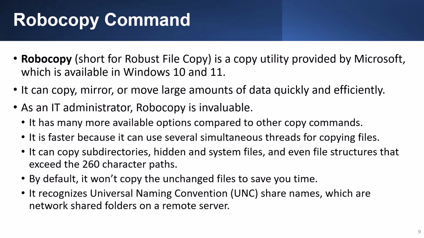It's faster because it can use several simultaneous threads for copying files. It can copy subdirectories, hidden and system files, and even file structures that exceed the 260 character path. By default, it won't copy the unchanged files to save time. It recognizes Universal Naming Convention, or UNC share names, which are the network shared folders on a remote server.